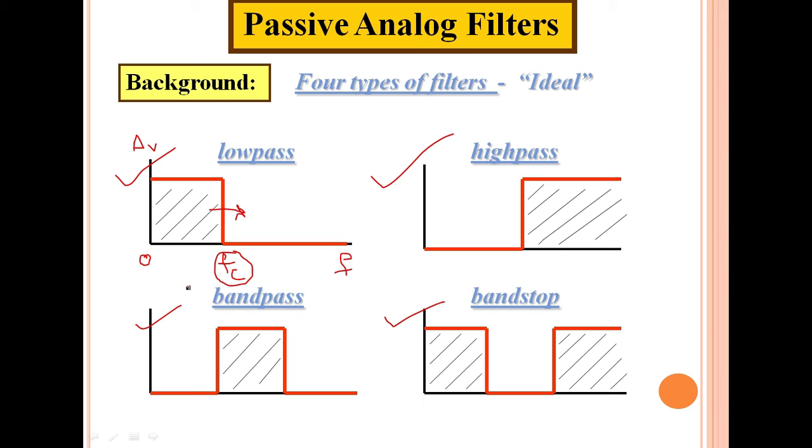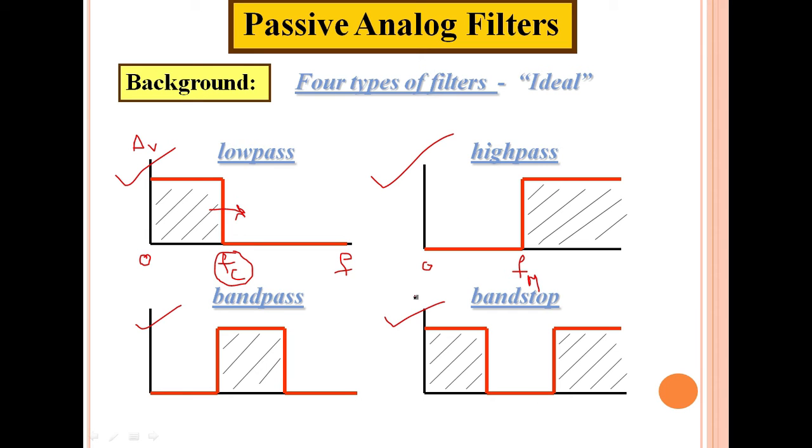Then we move towards the high pass filter. Same thing here: we have to consider the lower cutoff frequency. From 0 to f of h, no signal is able to pass through.